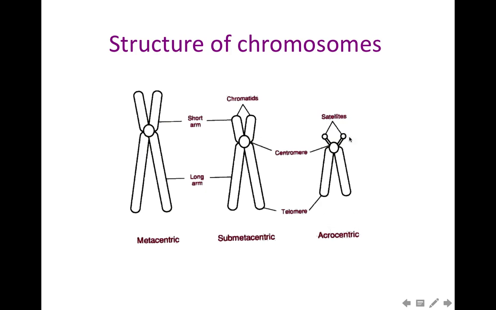The acrocentric chromosome, the centromere is peripheral. There is no P arm, only a Q arm is present. And instead of the P arm, there are satellites attached to the centromere by a stalk. It's important to mention here that the satellites do not have important single copy genes, but all satellites of all acrocentric chromosomes carry genes that code for synthesis of ribosomal RNA.